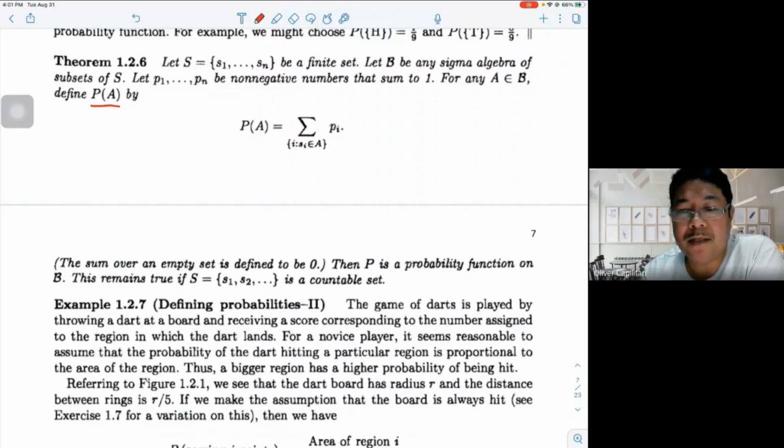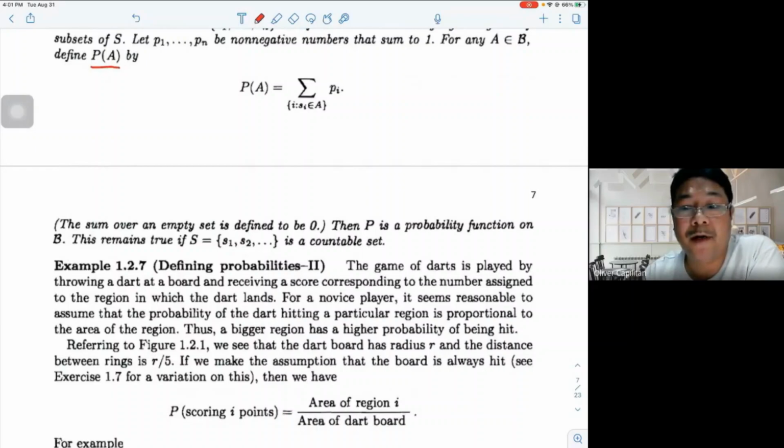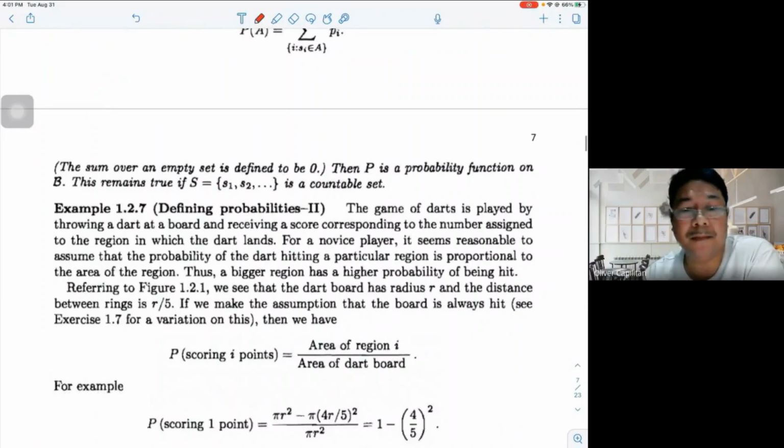According to this theorem, P is a probability function on script B. And this is also true if we take S to be a countable set. You can refer to the book for the proof of this theorem. Let me proceed now to the next example.